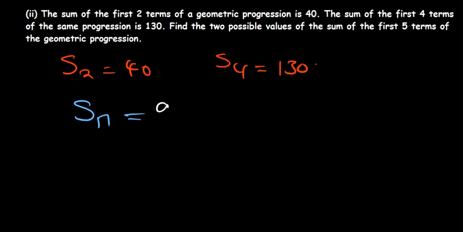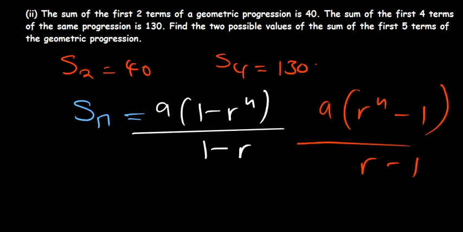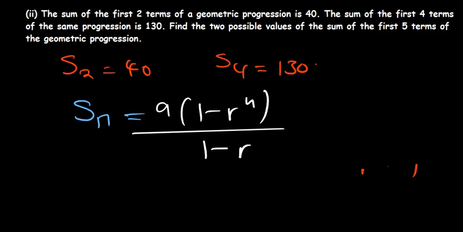Okay, so a times 1 minus r to the power n, over 1 minus r. This is used in cases where the r value is expected to be less than 1. Okay, now there are cases where you've got a and then r to the n minus 1, where the value of r is expected to be bigger.